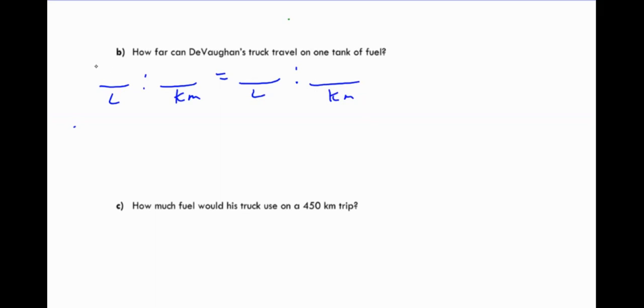They've given us information that says 11.8 liters for every 100 kilometers. You know that he has one tank of gas of 76 liters, but we don't know how far that can go. So now we put this into a proportion with 11.8 over 100 equals liters over kilometers. All right. Now we cross multiply these.